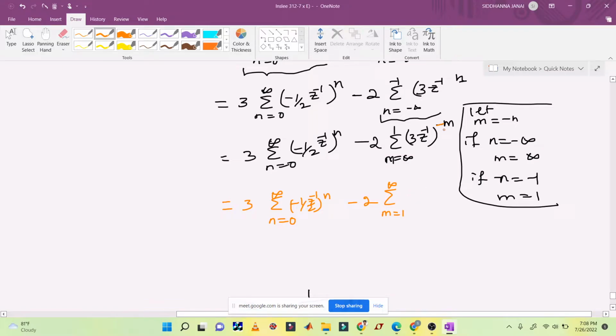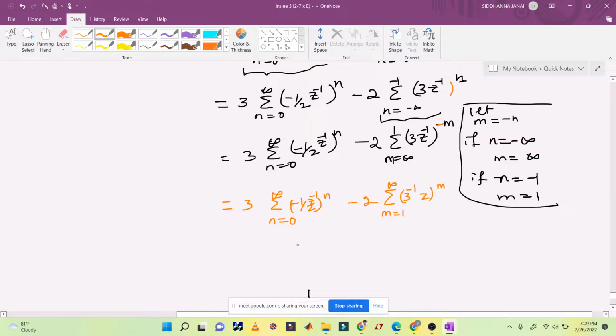So this part, from the previous 3 to the power z inverse, I have written as n replaced by minus m. So it would be 3 to the power minus 1 z to the power m. Okay, this is correct, right?